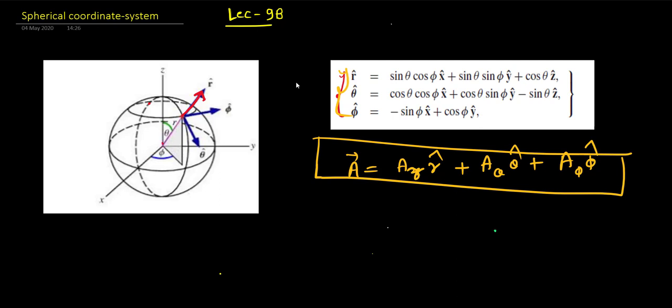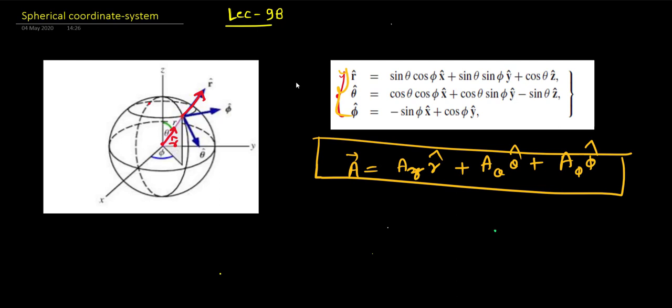Let's say this is our r vector. You can put vectors at any place, since vectors do not have any position; vectors only have magnitude and direction. So I can put this vector at the origin, because the direction is in the radius and the magnitude is also the same.